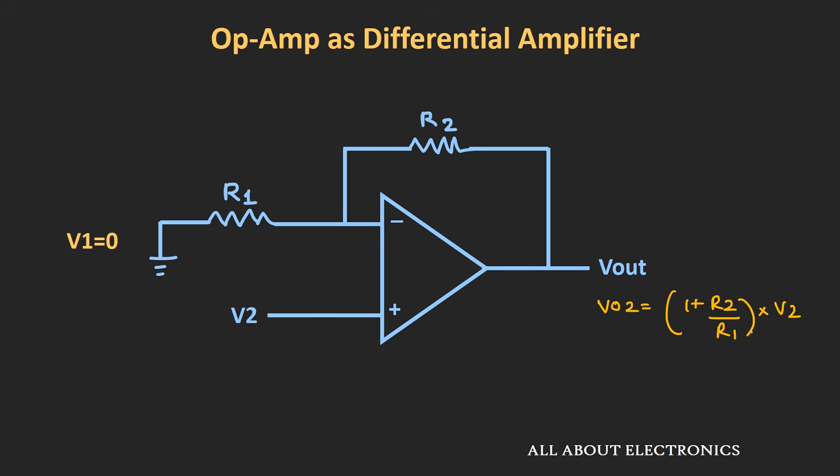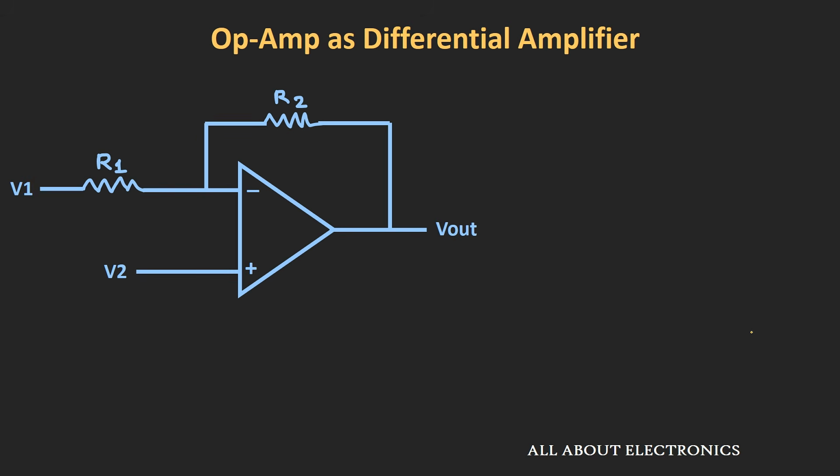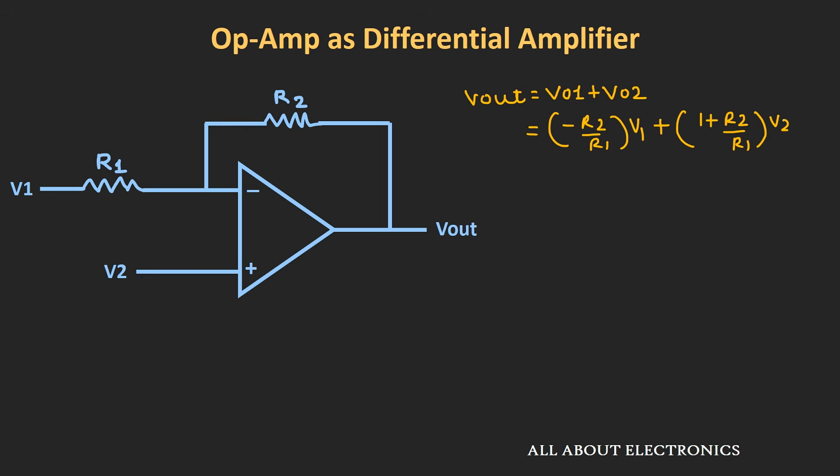Now if V1 and V2 act simultaneously, then our output voltage Vout will be equal to VO1 plus VO2, that is equal to minus R2 divided by R1 times V1 plus 1 plus R2 divided by R1 times V2.